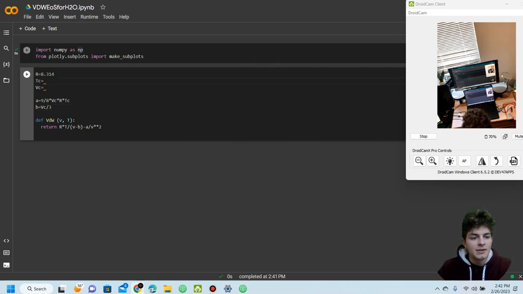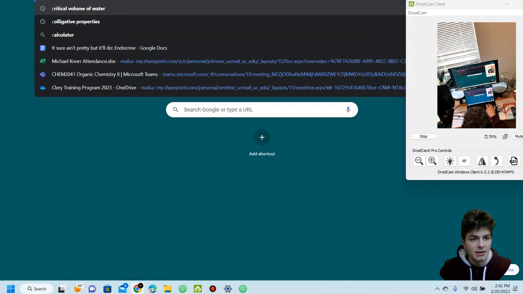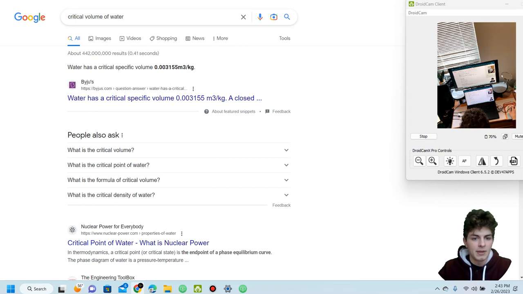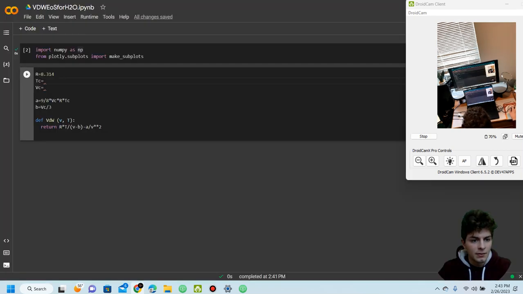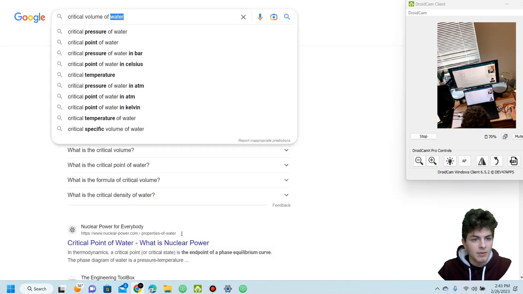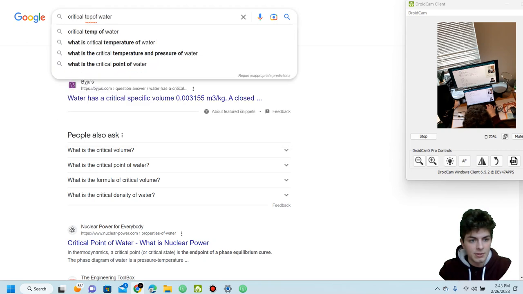We need to find the critical temperature and critical volume for water. So let's look that up, because I don't have that memorized. Critical volume of water, sure. So here's the critical volume of water. And we said this is in meters cubed per kilogram. And we also need the critical temperature.